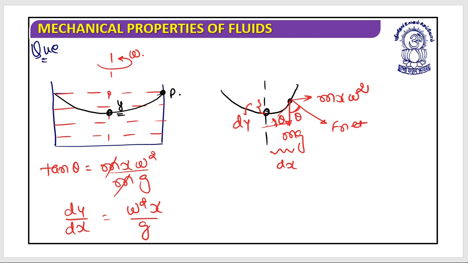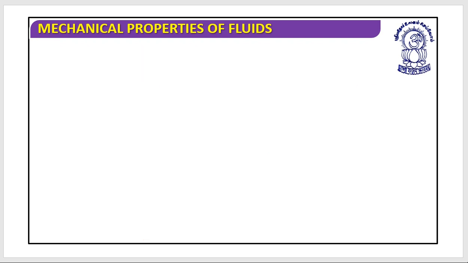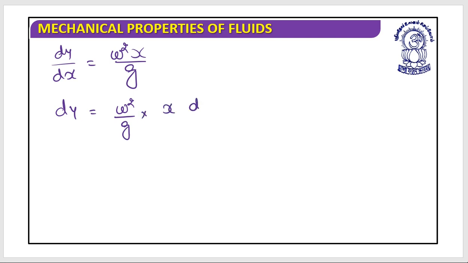So if it has been extended up to height y, dy by dx equals omega square into x divided by g. So dy equals omega square by g multiplied by x dx.